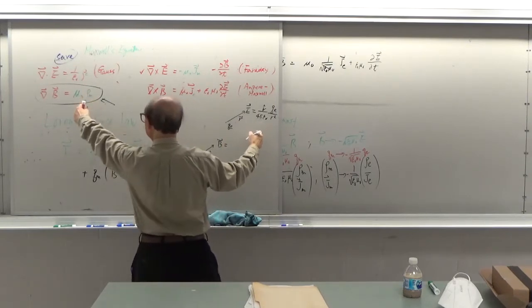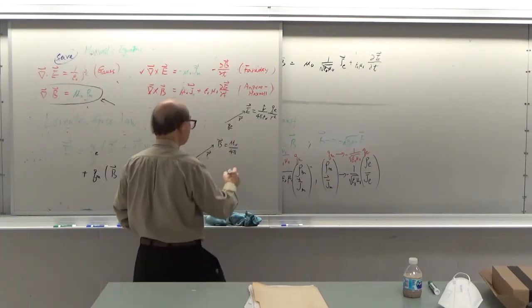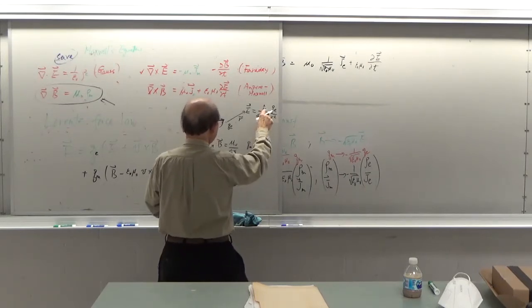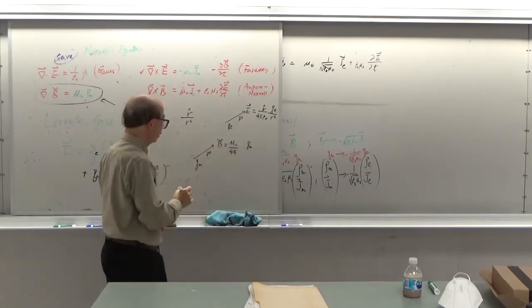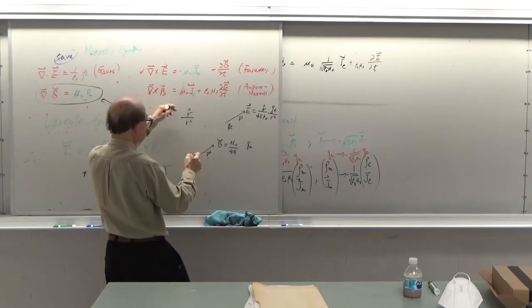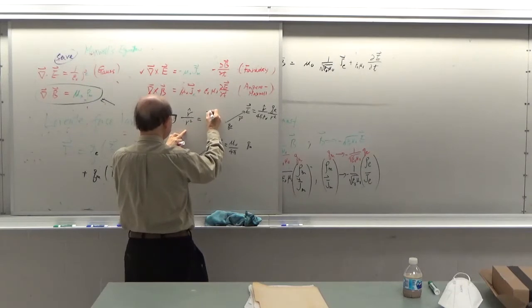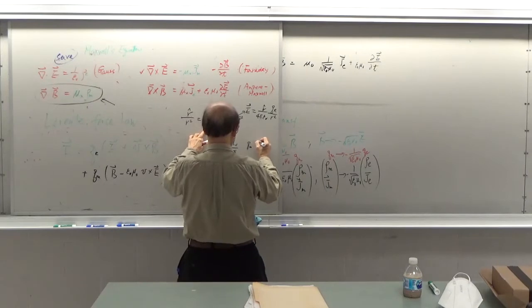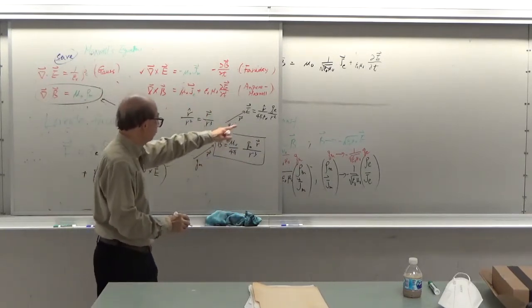Instead of 1 over epsilon naught, now you have mu naught over 4 pi Q_M, r hat over r squared. It's easy to rewrite this by multiplying both upstairs and downstairs by a factor of r. This will be nothing but r vector divided by r cubed. So let me use this one, r vector over r cubed. This is the counterpart of Coulomb's law.